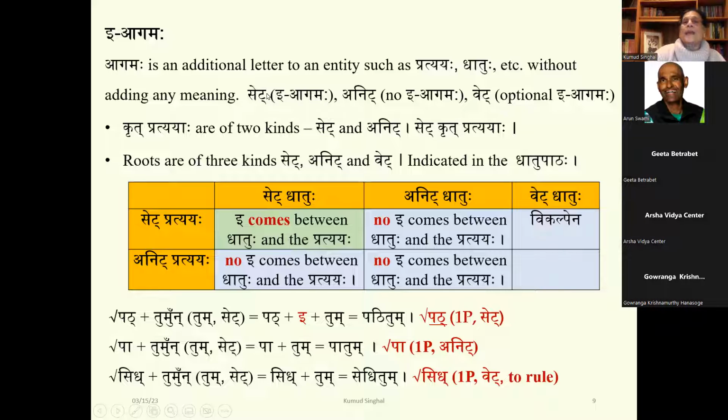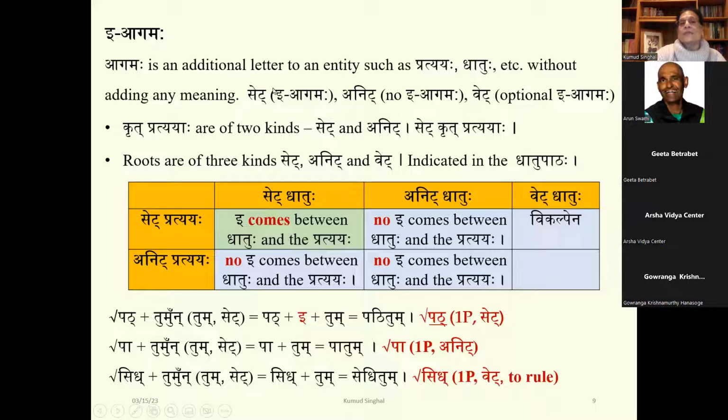Set means that this dhatu will have an e agamaha. If an additional e is added to it, then it is called a set dhatu. Anit means no e agamaha, and vet means optional e agamaha.